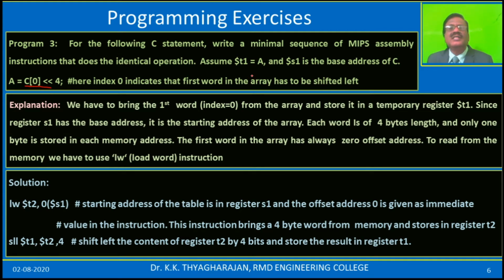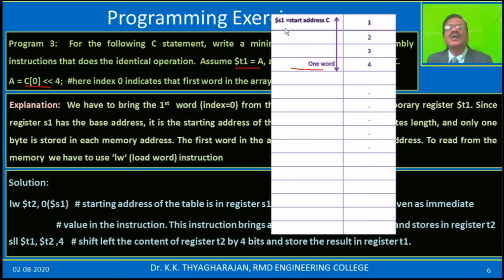So what is given? That is A, that is the result, should be stored in T1, and the base address of the array is in S1. So you see the array first. So the starting address or base address of the array is in $S1.